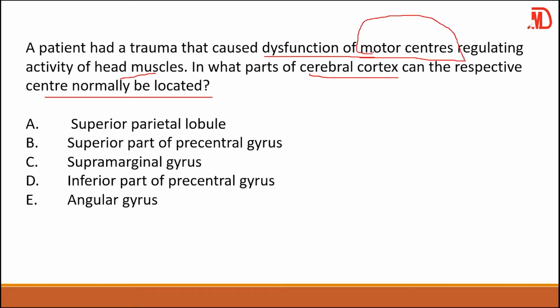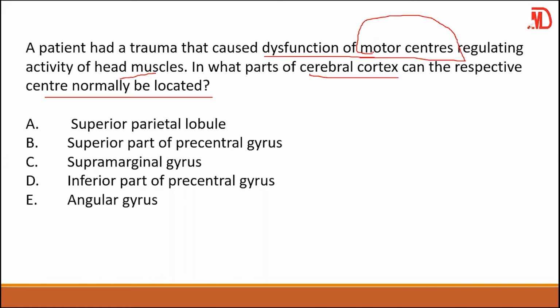Your clue here is dysfunction of the motor center. So you need to ask yourself, which part of the brain controls the motor centers? And of course, you have what we call the precentral gyrus.